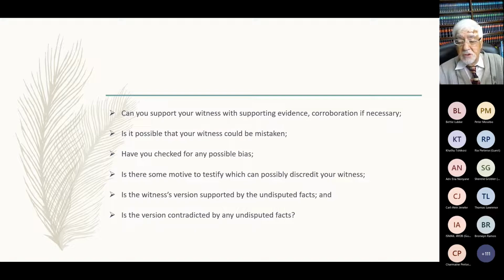Is the witness's version supported by the undisputed facts? That's very important. You test it, okay? If the undisputed facts tell you that your client left a skid mark on the road of 25 meters, and your witness testifies that no, he was driving very slowly, he was doing way less than 60, but it's not likely to have happened.